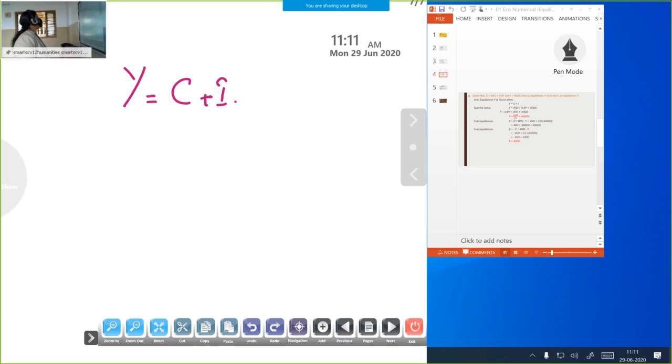We have to find out the equilibrium level of income, and then S and C at the equilibrium level of income. So first we have to find out the equilibrium level of income. C is there, 400 plus 0.9y.